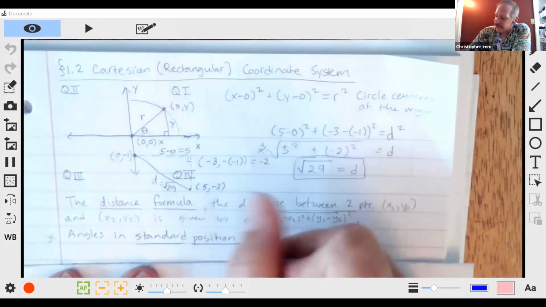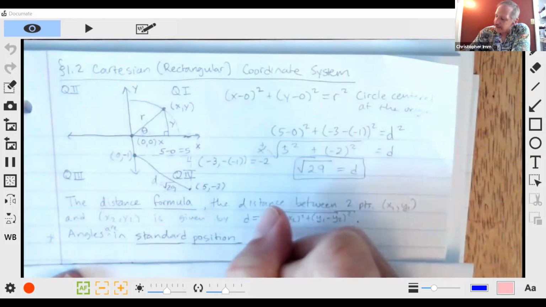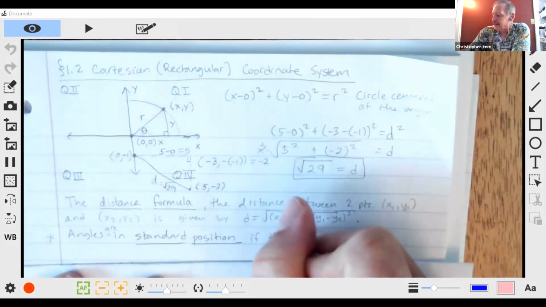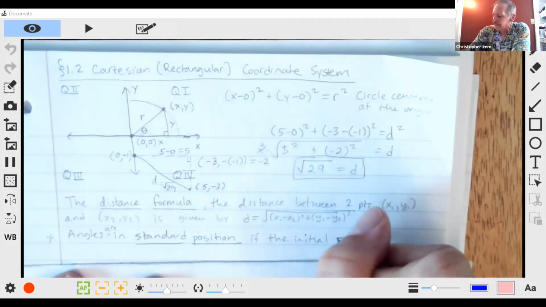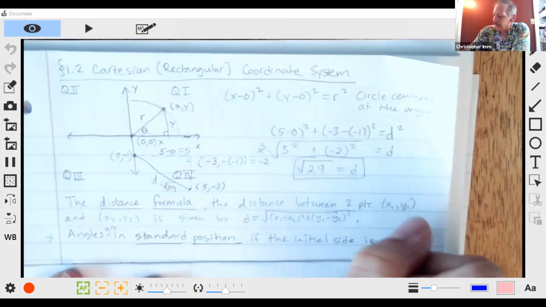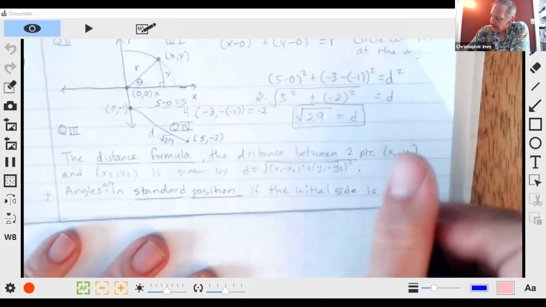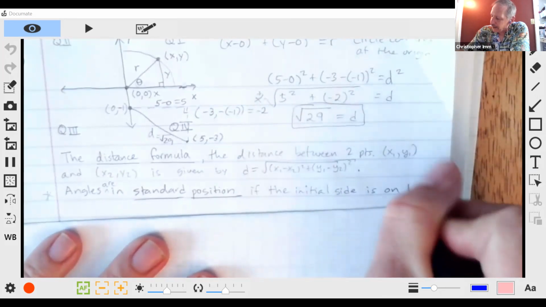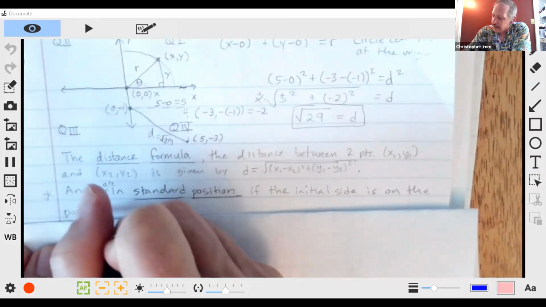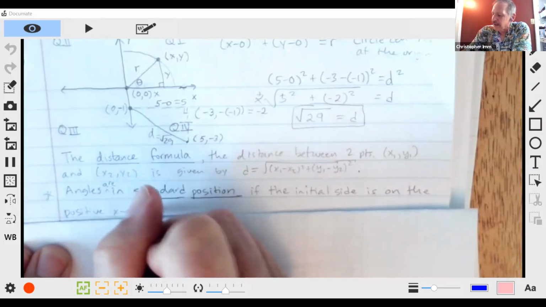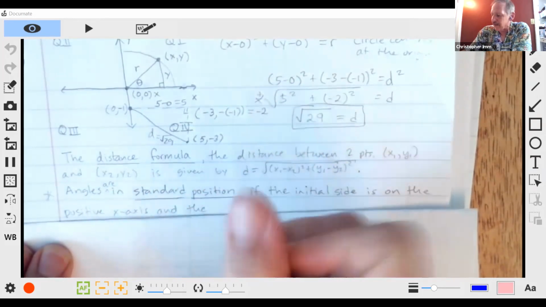Angles are in standard position if the initial side is, I should probably slide this up, is on the positive x-axis and the terminal side can be either way.